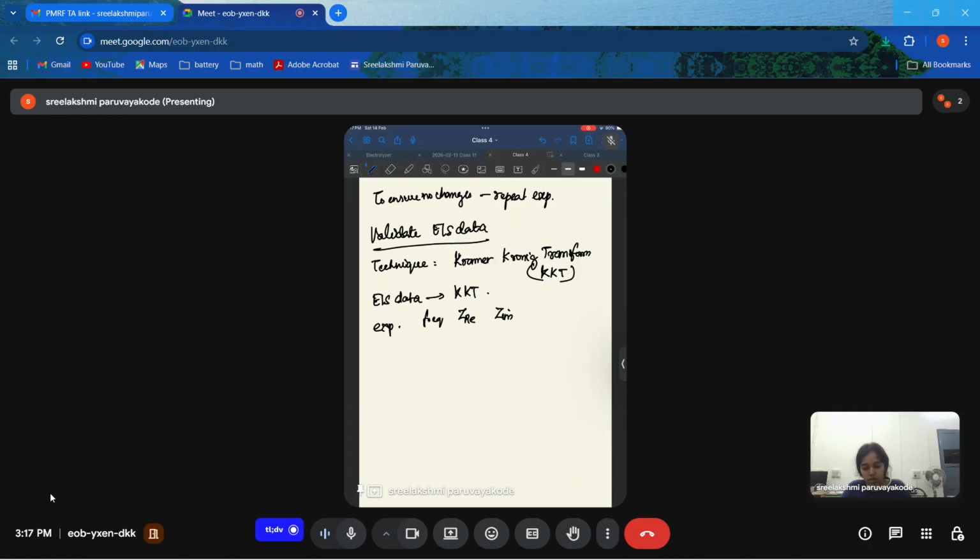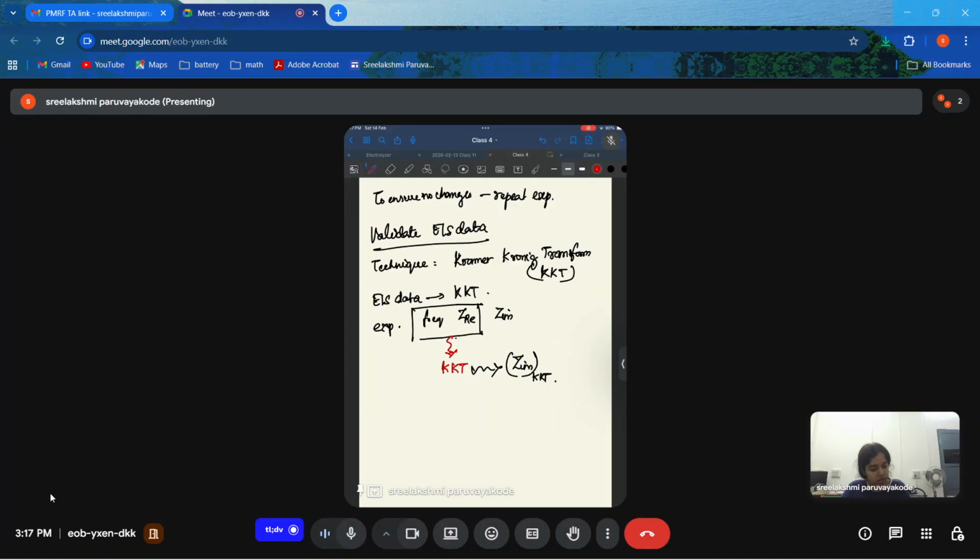Now, you'll take the frequency and the real part of the impedance, and this will be fed to KKT. The output it will give is the Z imaginary value. Using the KKT method, you'll get the Z imaginary value.